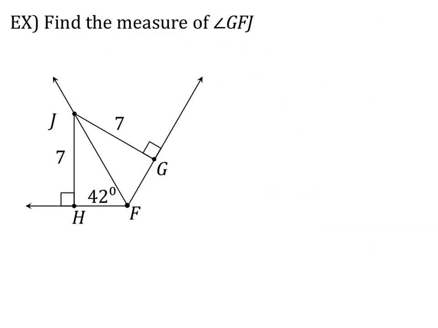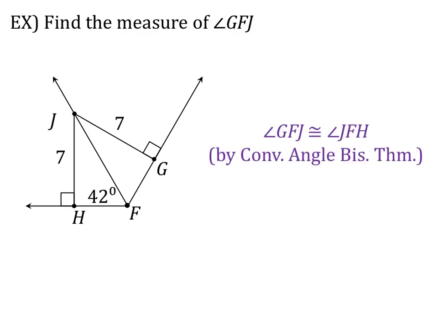Find the measure of angle GFJ. Alright, well if we notice in the picture, we have two perpendicular lines to the sides of the angle, both coming from J, and we see that those two segments are equal because they both have a measure of 7.